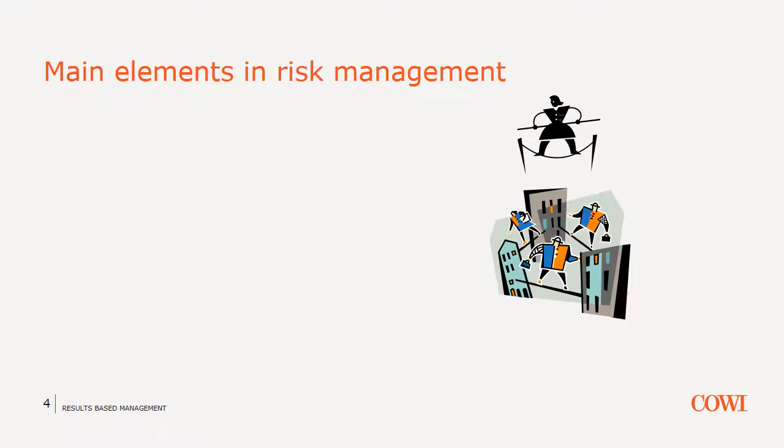Risks are inherent in all development work, and therefore risk management is a central discipline in project and program management. We often operate with the following elements of risk management. First, there's risk identification and assessment, with the aim of identifying potential risks and prioritizing them.